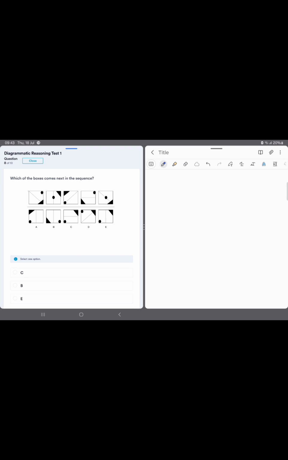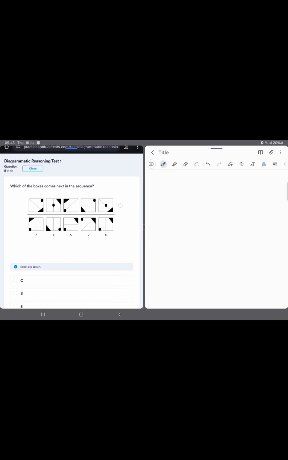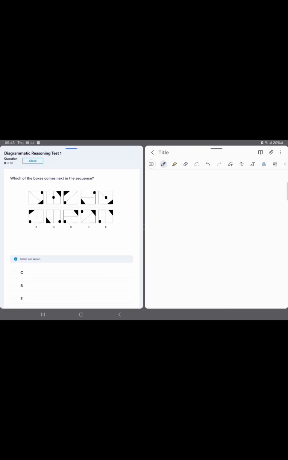It starts in a slanted position from the left to the bottom right, and then it moves to being from the top to the bottom, and then it moves from the top right to the top left, and then it rotates right, then rotates right again here, meaning that in the next diagram it has to be a straight line.